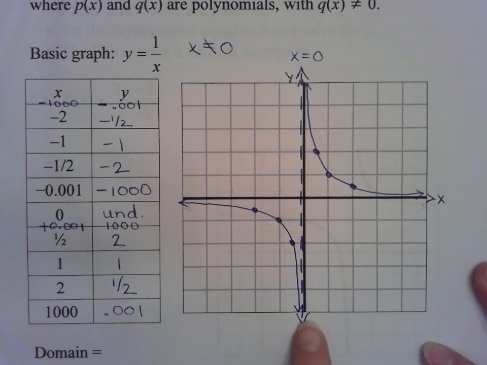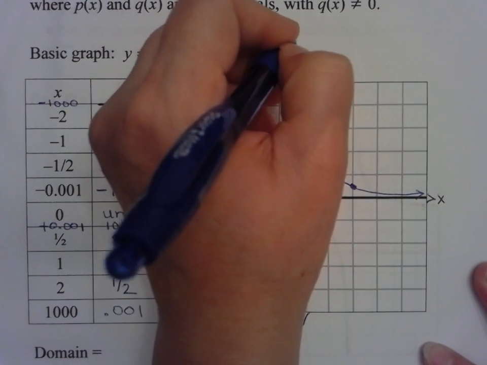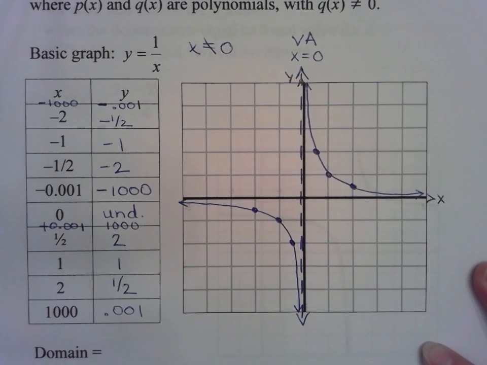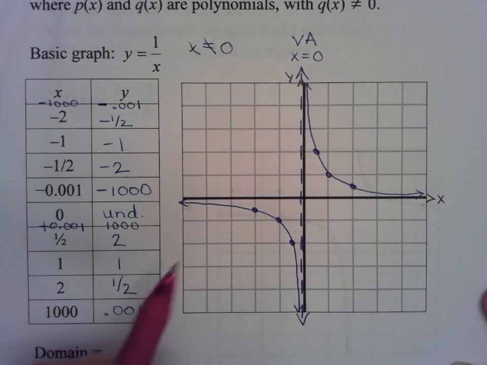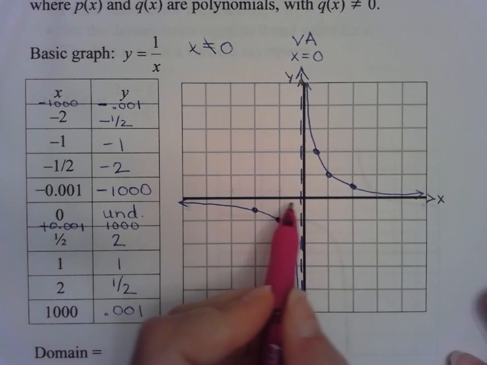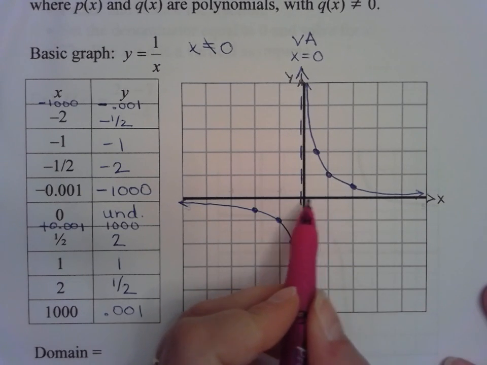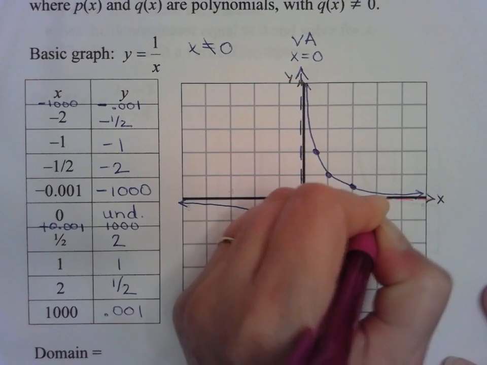So I drew in the, this is called a vertical asymptote. And we'll take some time to talk about what that is in a second, but it's a vertical line that the graph approaches and gets infinitely close to. And then there's also a horizontal line that the graph approaches at the ends of the graph.